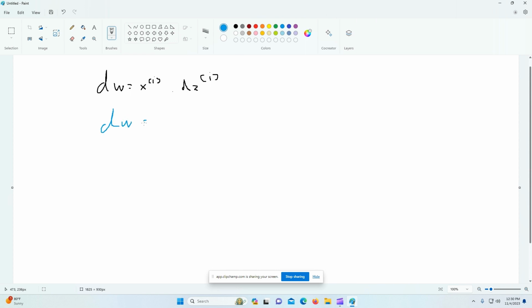So this is just going to be x1 times the derivative of z1, until xm times the derivative of zm. This is what it's going to look like vectorized. We're taking the dot product of this.